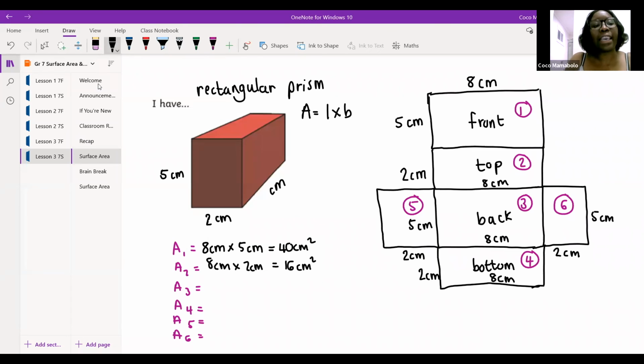Miss, I'm a bit confused with the rectangular prism, when you're unbreaking it and doing it into 2D, and then it says the front, the top, the back, and the bottom.